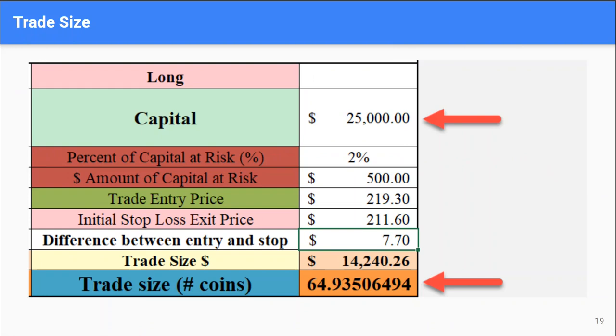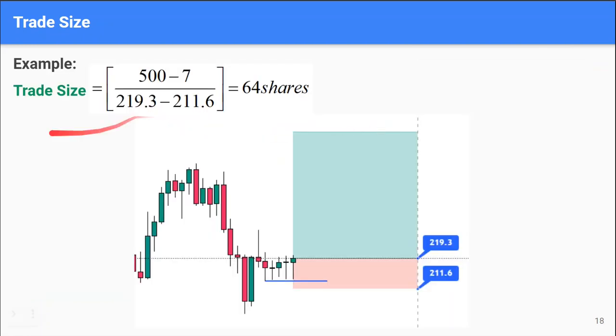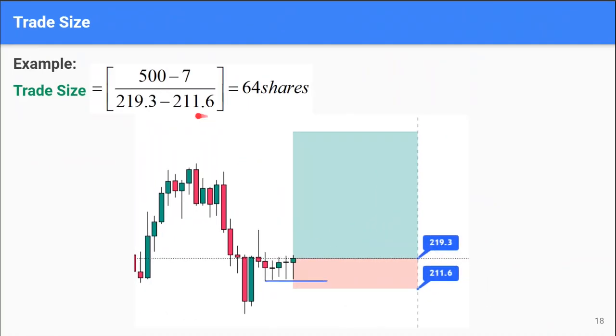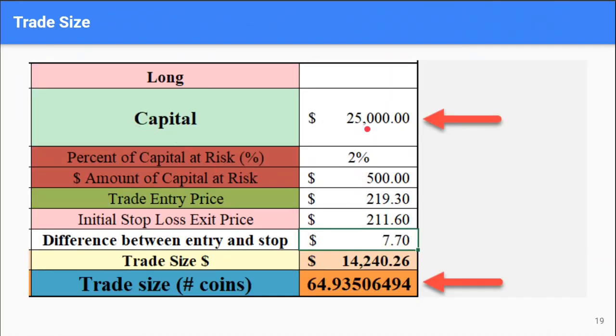You can use different tools to easily calculate your trade size. I developed a spreadsheet to calculate trade size, which I will share with you and you can download the files and easily use it. For example, in this example, our capital was $25,000 and we just wanted to risk 2%, which is equal to $500.